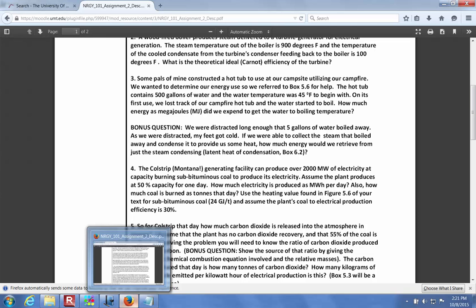In this problem, they're talking about the latent heat of vaporization. The latent heat of vaporization is the heat required to boil water away, okay? Once you've reached boiling, it's a different ballgame. You're in a different phenomenon, and it takes a lot more heat to evaporate that water off.